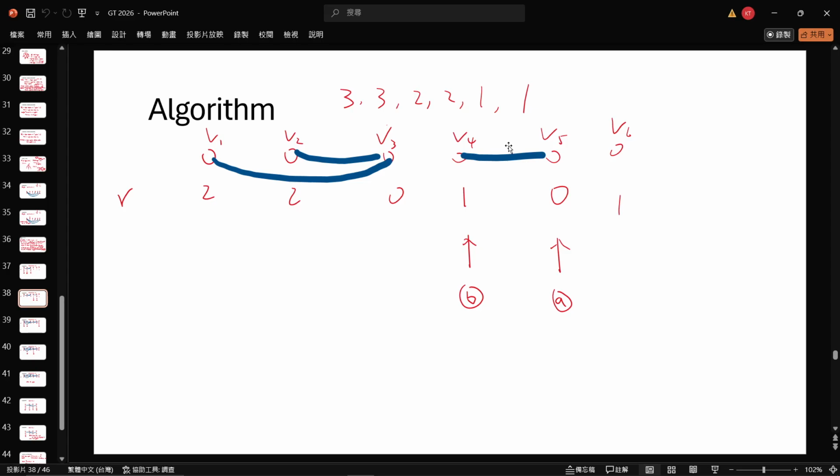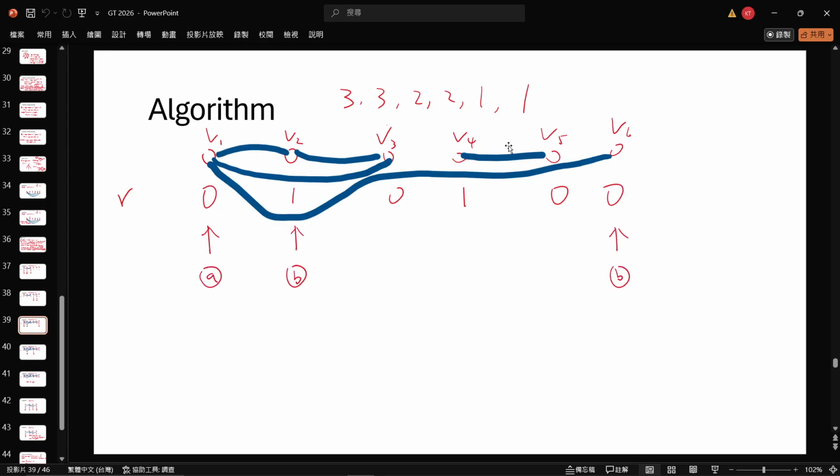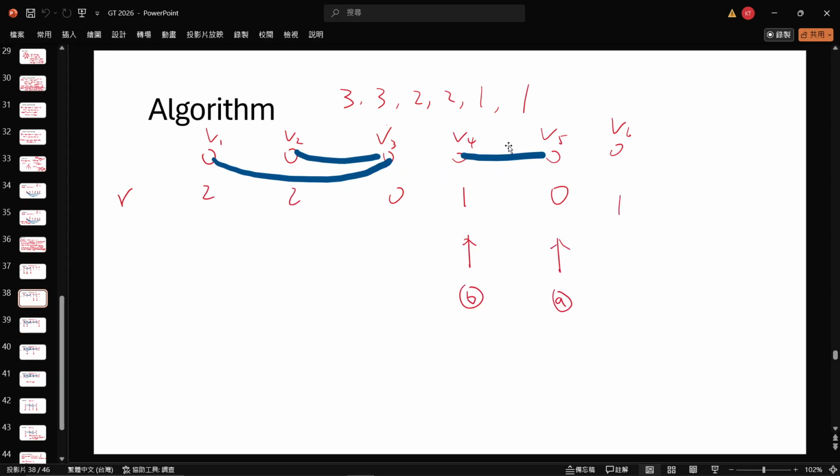If I remember correctly, this should be a failed example. If we connect V5 to V4, this is not correct. This is just for the purpose of demonstrating what happens if we do not connect V5 to V1.